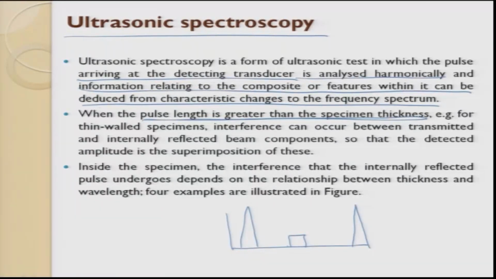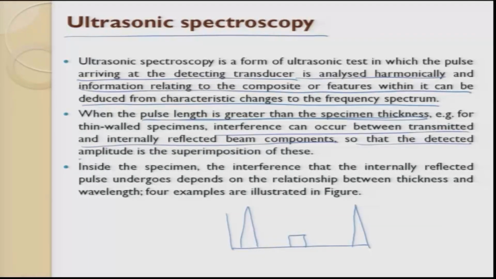When the pulse length is greater than the specimen thickness, for example for thin walled samples, interference can occur between the transmitted and the internally reflected beam components, so that the detected amplitude is superimposed on this. This is very important for thin walled specimens.